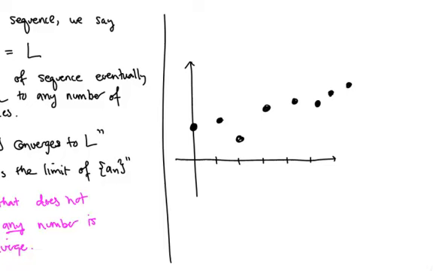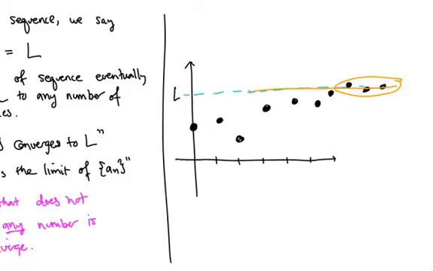Well, it would mean you'd have to have some magic value on that y-axis called L that had the property that as the sequence moved farther to the right, the terms would be getting closer and closer and closer to this value. So that every subsequent dot, farther and farther to the right, is going to start to collapse more and more on this line.